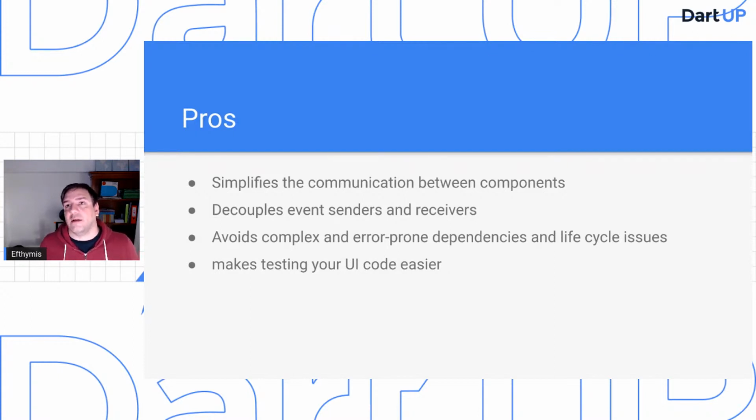Then it's a kind of complex thing to solve. But if you decouple that and you have your service or logic component listen to an event that the widget is emitting, then the widget could emit this event inside initState, and could also emit another event in its actions, and it makes testing the UI easier.